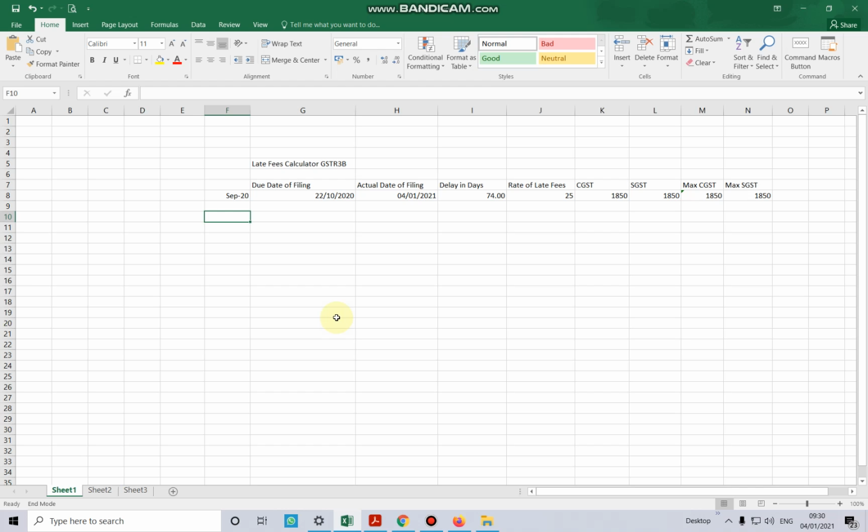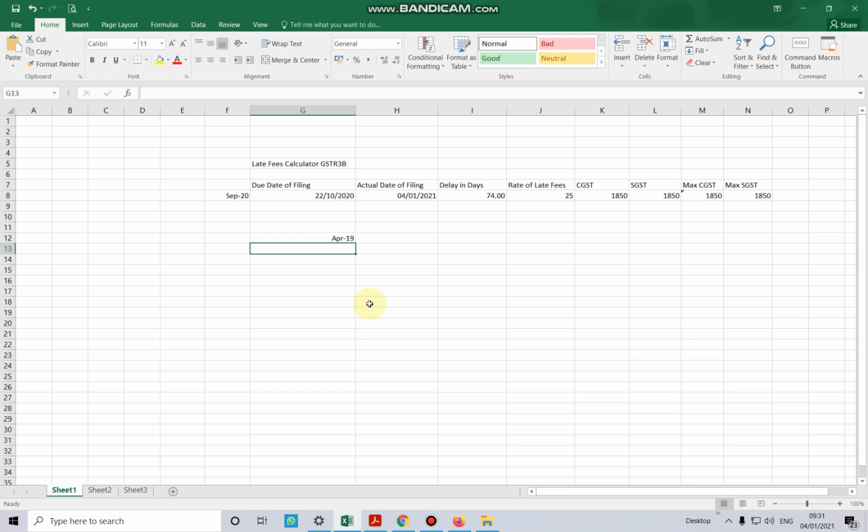There are many dealers who are still under the misconception that GSTR3B late fees has to be calculated on a simple basis. For example, suppose their April 2019 return is pending and since April 2019, all of their Form GSTR3B returns are pending.